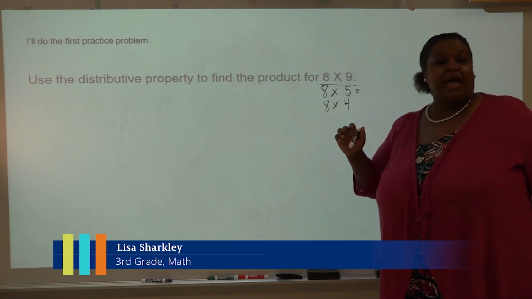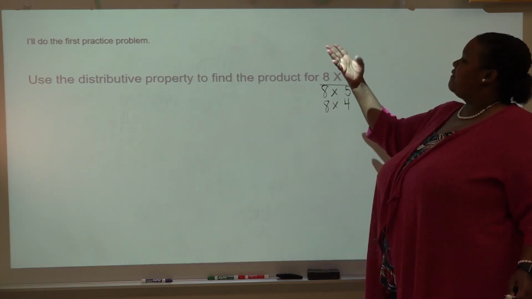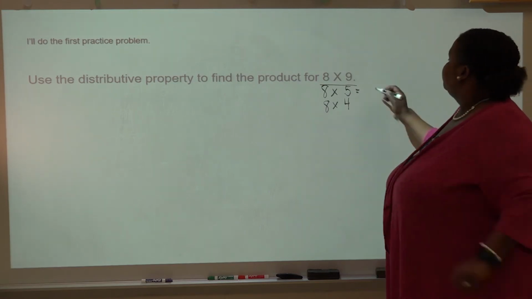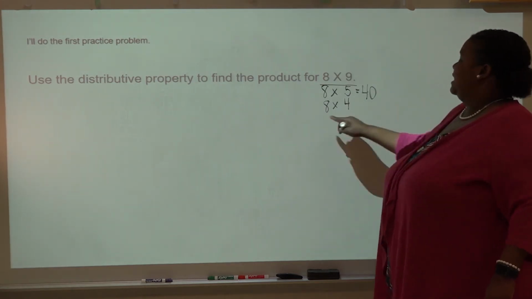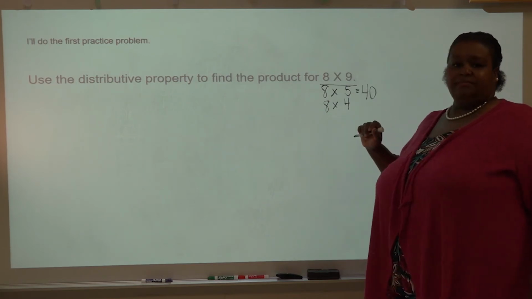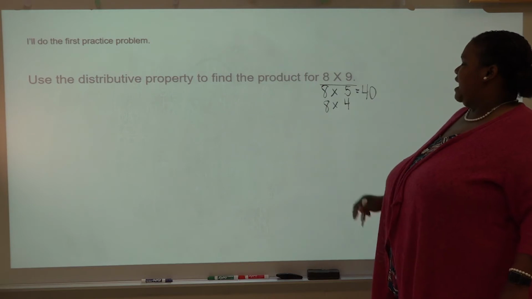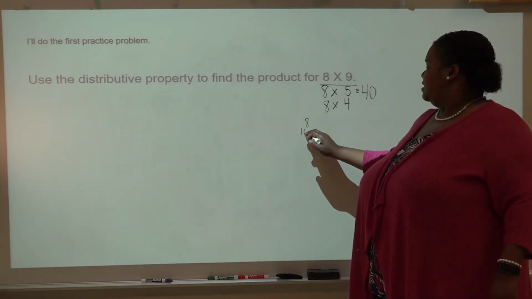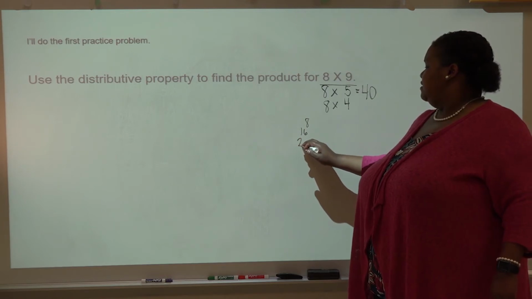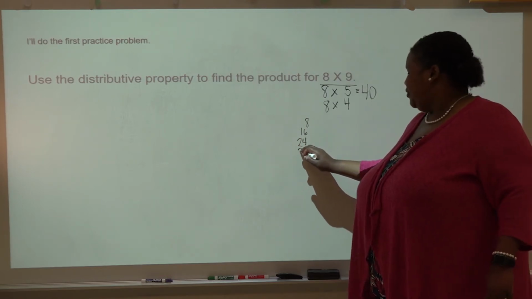8 times 5, counting by 5: 5, 10, 15, 20, 25, 30, 35, 40. Oops, there we go, 40. 8 times 4. Wonder if I can think of 8 four times. 8, 16, 24, 32.